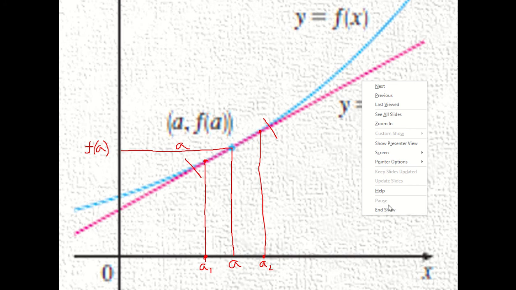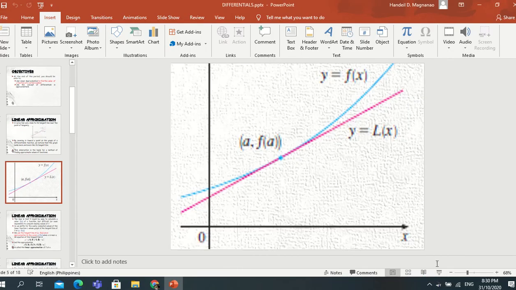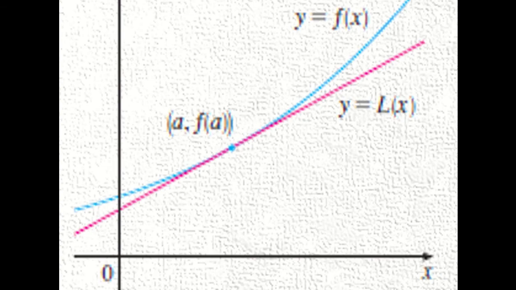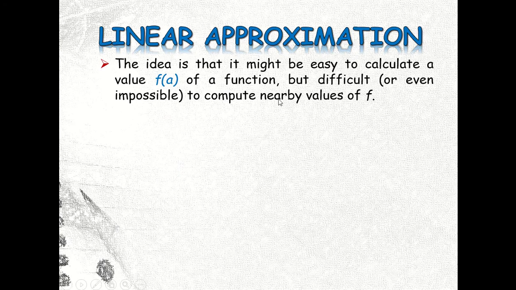So we have the method on how to find the value of the function. The idea is that it might be easy to calculate the value of f of a of a function, but difficult or even impossible to compute nearby values of f.